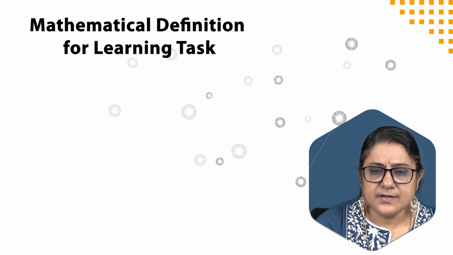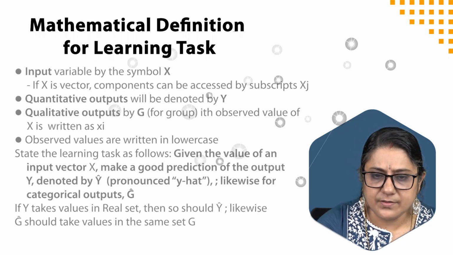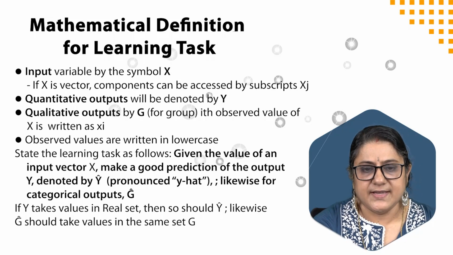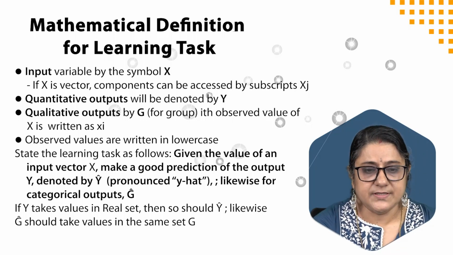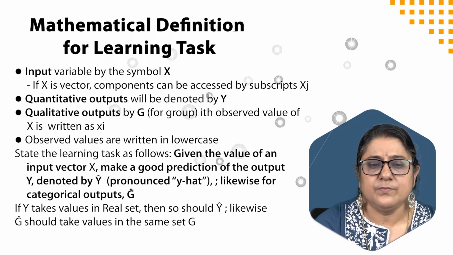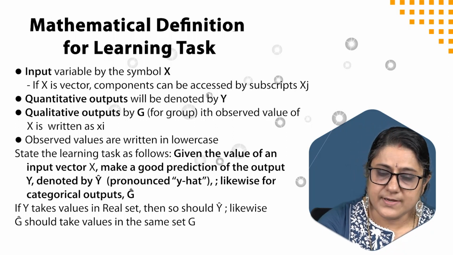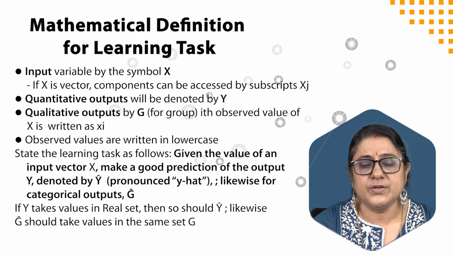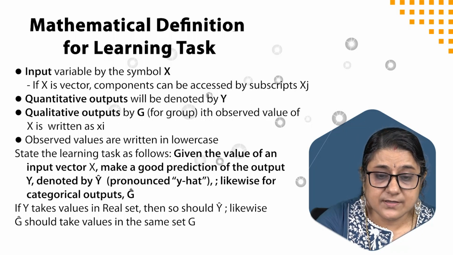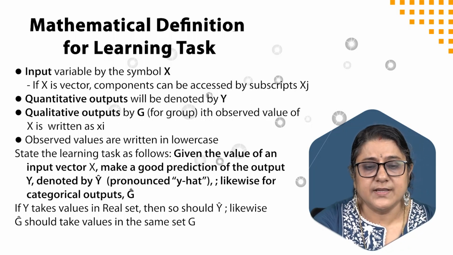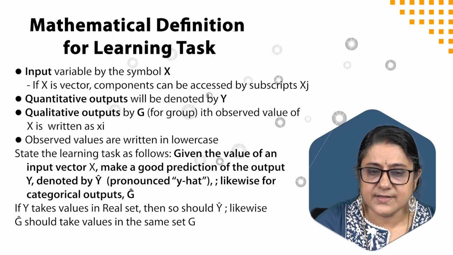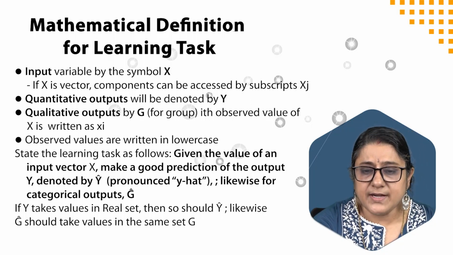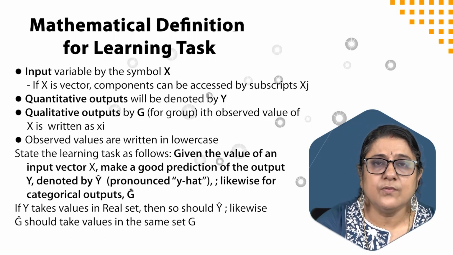Mathematical definition for the learning task: the input variable is x, which is a vector because it consists of features, and the quantitative outputs are denoted by capital Y. Qualitative outputs like the classes are denoted by capital G. So given the value of the input vector x, we need to predict the output, which is called y cap.